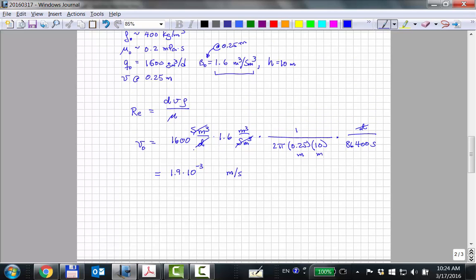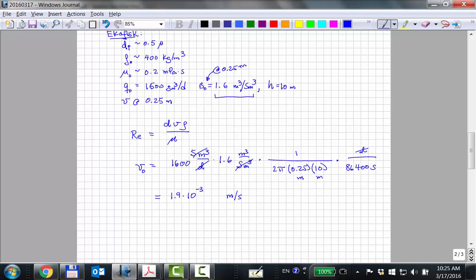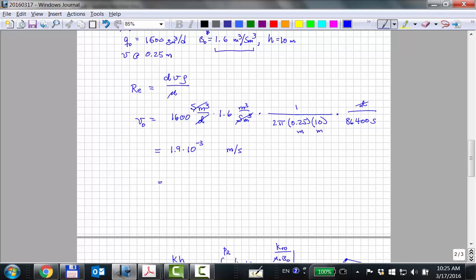Anybody else get the same number? Okay, good. I always do a double and triple check, certainly on myself. So that's the velocity. The diameter I said is 0.5 times 10 to the minus 6 meters, that's 0.5 microns. Velocity is 1.9 times 10 to the minus 3 meters per second.